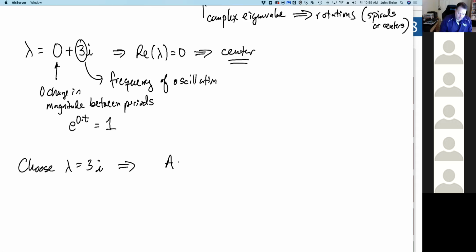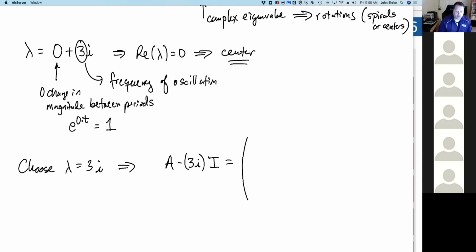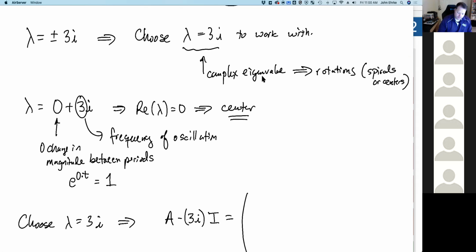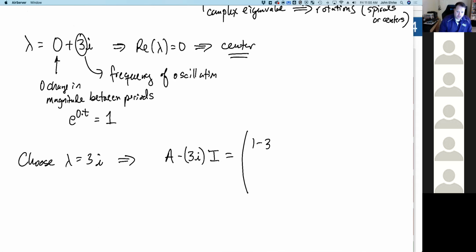Then A minus 3i I, so I'm subtracting 3i from the diagonal. So here's my matrix. Subtract 3i from the diagonal. So this will be 1 minus 3i and negative 1 minus 3i. And you also have negative 2 and 5.